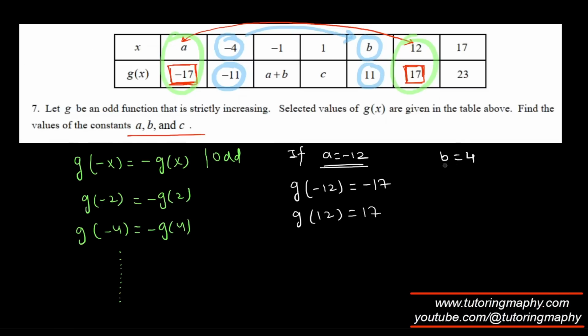And likewise, here we have same x values with opposite sign. So these should be the same but with an opposite sign. So what is A plus B, guys? We already have A and B, right? A is negative 12 and B is 4. What is negative 12 plus 4? Negative 8 indeed. So C should be the same number, opposite sign. So negative 8 should become 8. So the value of C is 8 in this case.